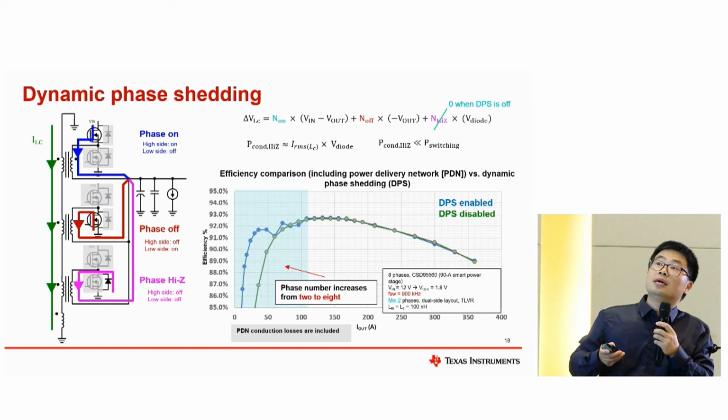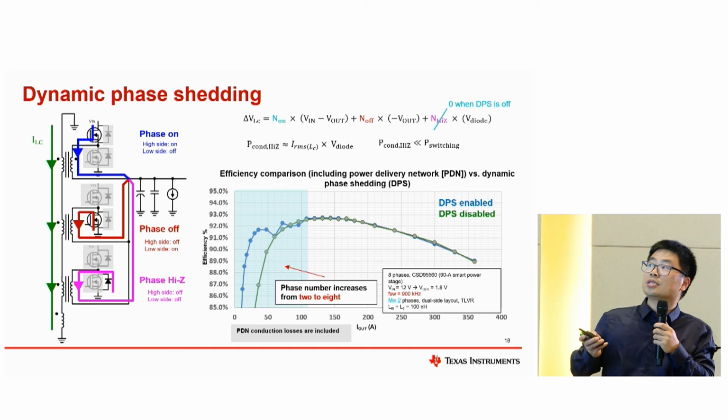And about the efficiency, we will introduce another concept, dynamic phase shedding. We can see from this efficiency curve that when the load current is larger than 100 ampere, the efficiency is nearly the same.